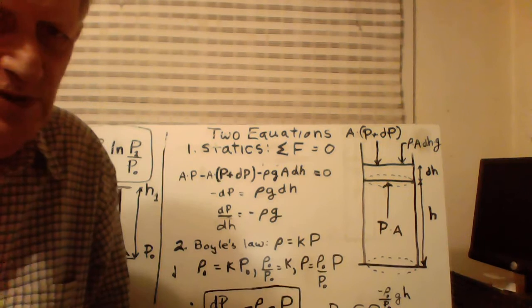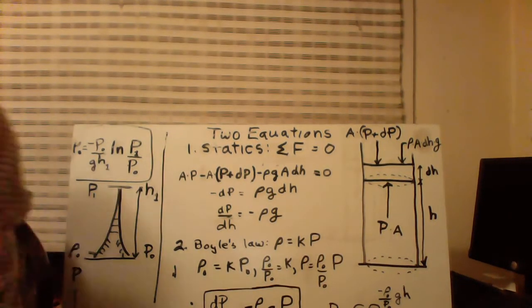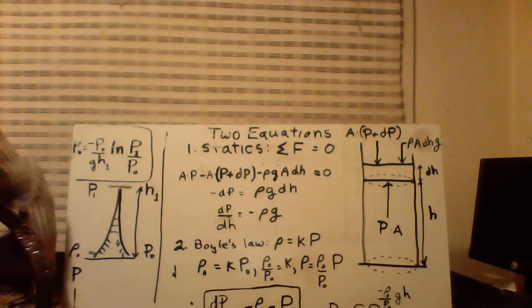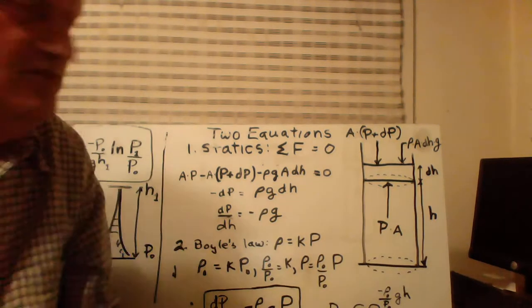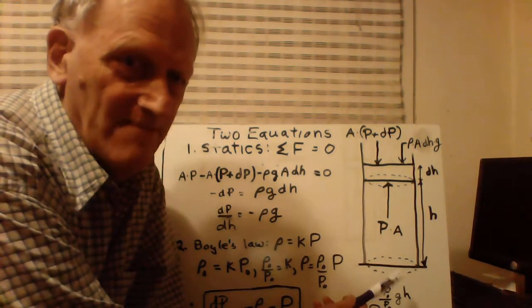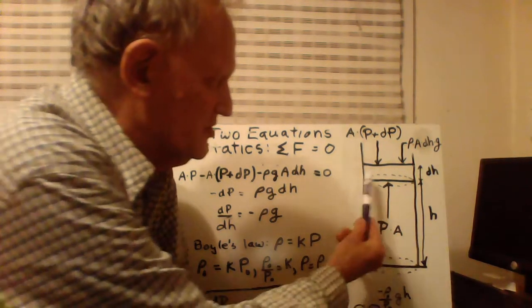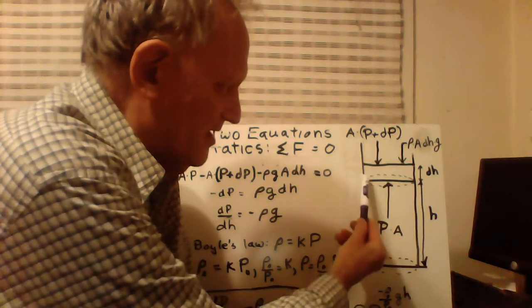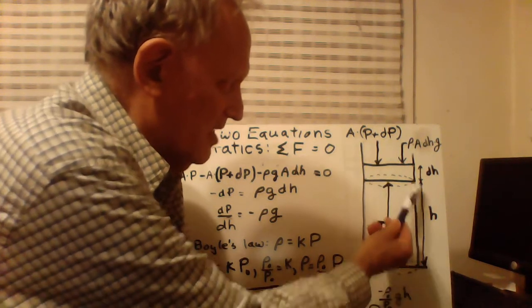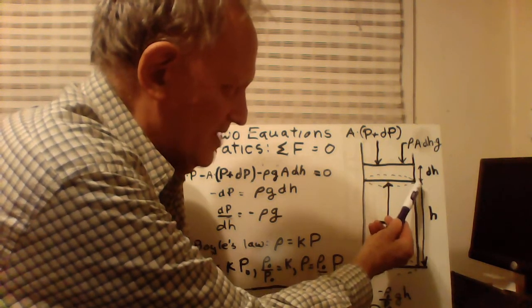So as we're looking at this illustration that I've made here, this is what we call a free body diagram of a little slice of air up here, which is at an elevation h above ground level.